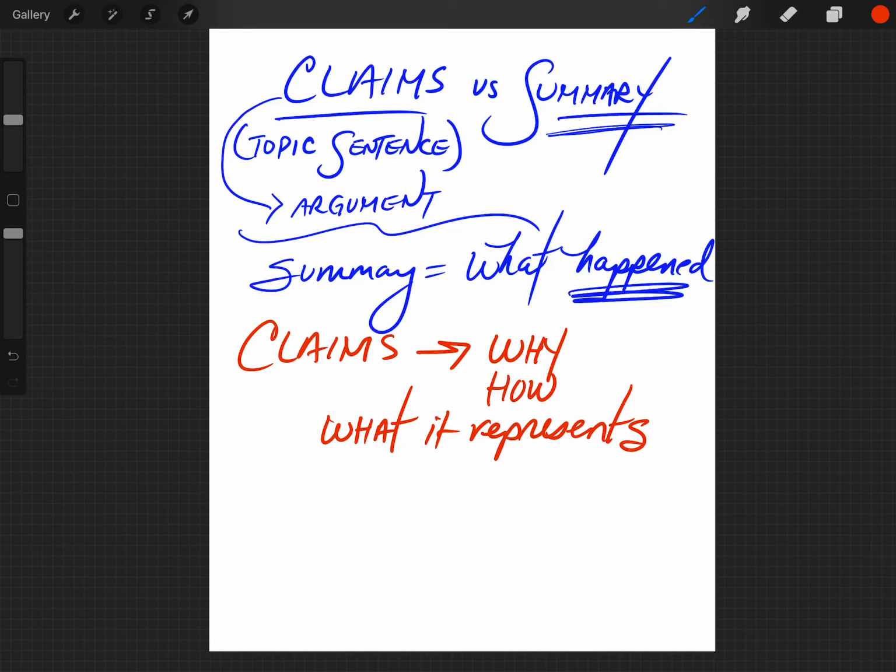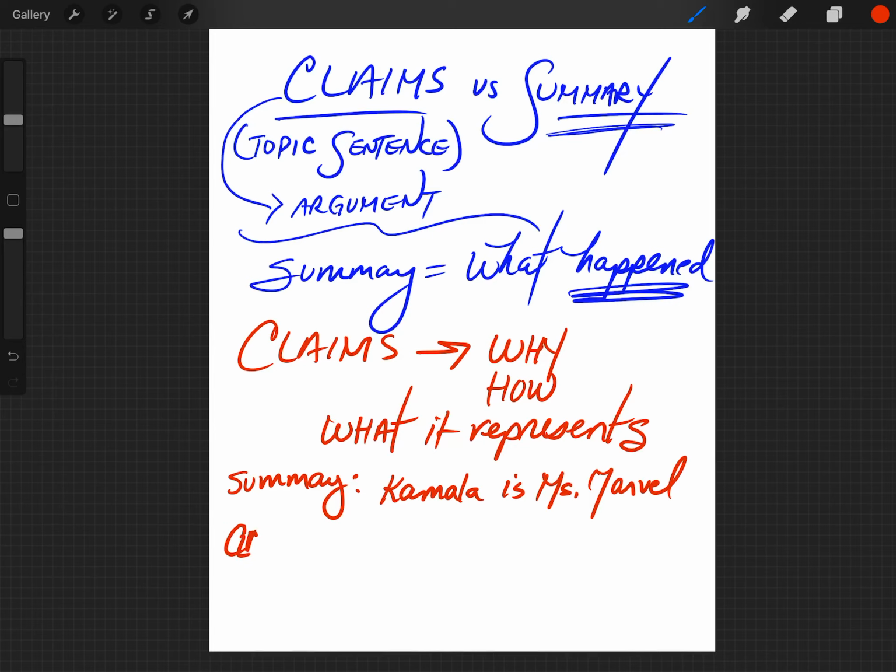So for example, instead of saying something like, so this would be summary, Kamala Khan is Ms. Marvel, right? So yes, we know she's Ms. Marvel. No one is going to refute that. That is the thing that happens in the story. Or you could say she becomes Ms. Marvel if you want to say what happens.